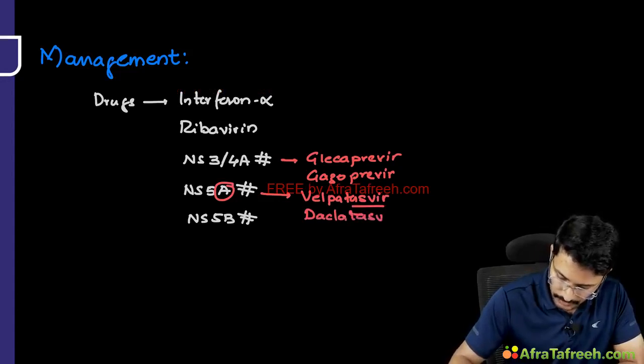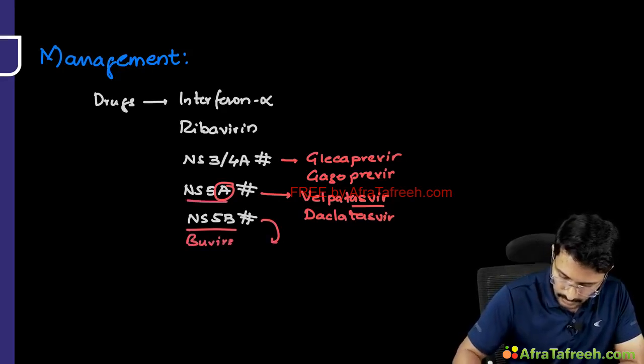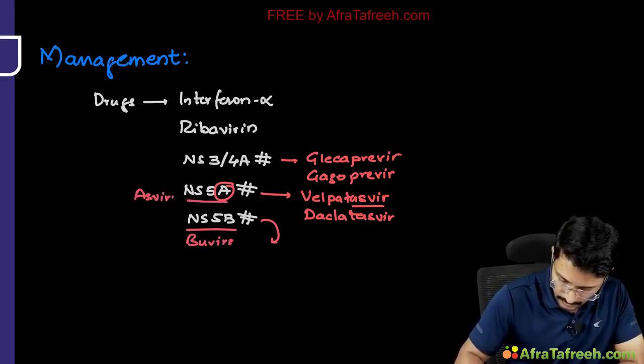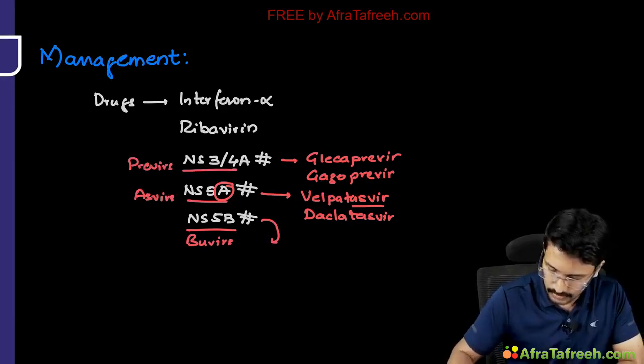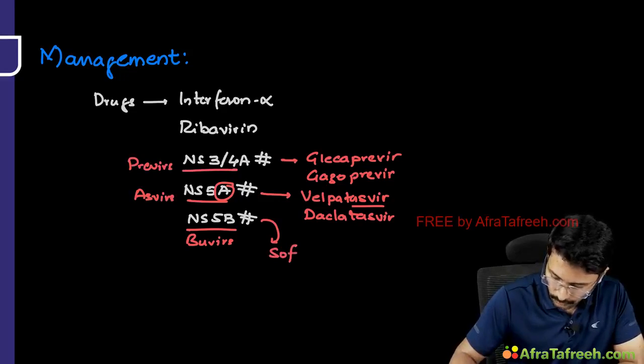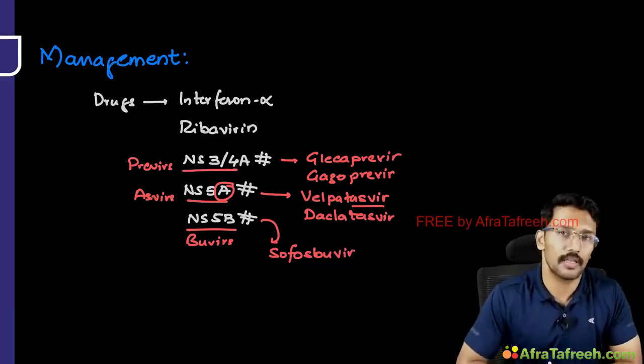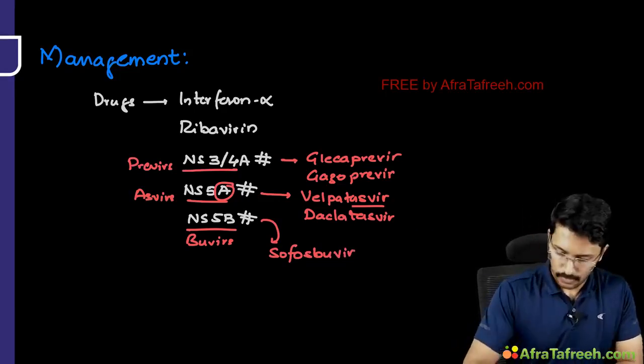So all asvirs are 5A inhibitors, and the 5B inhibitors generally end with buvirs. So these are buvirs, these are asvirs, and these are previrs. So buvirs, the most important drug that we cannot afford to forget is sofosbuvir. Sofosbuvir is a NS5B inhibitor. Okay.